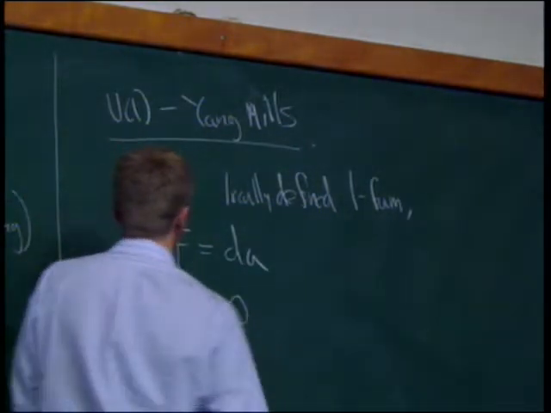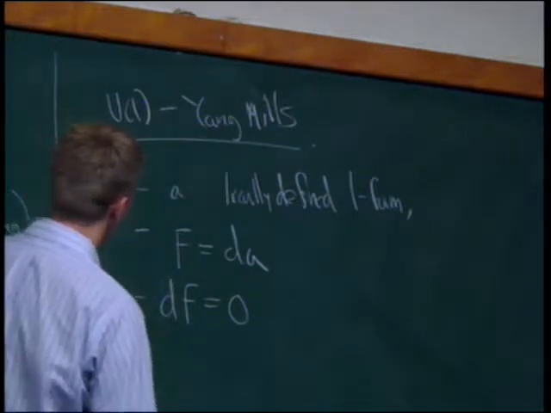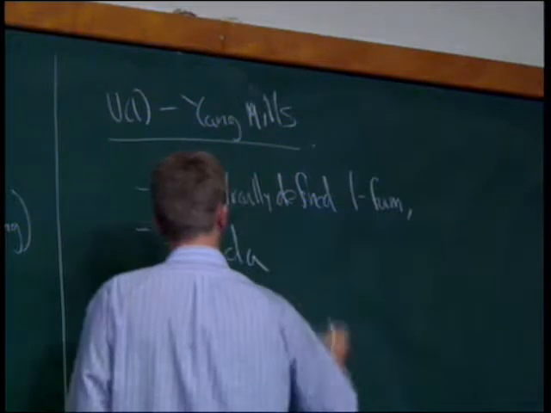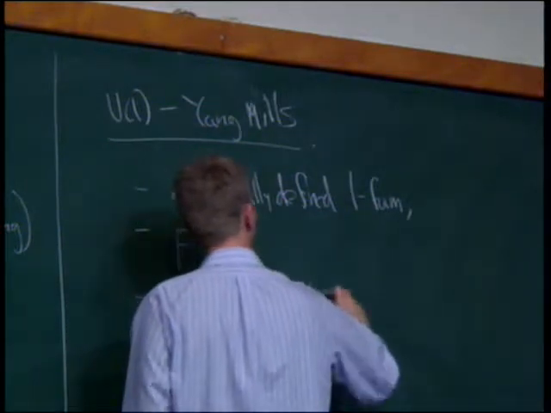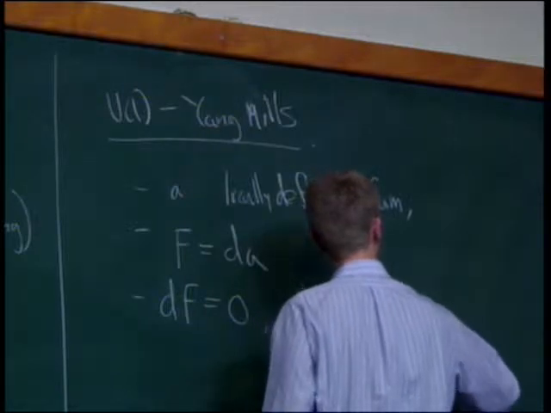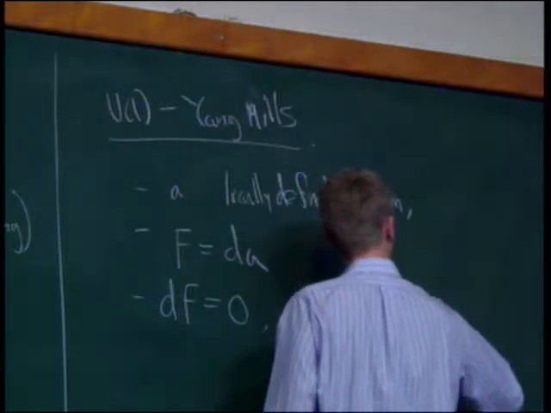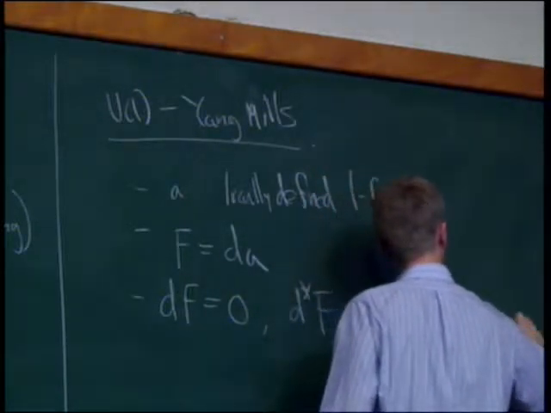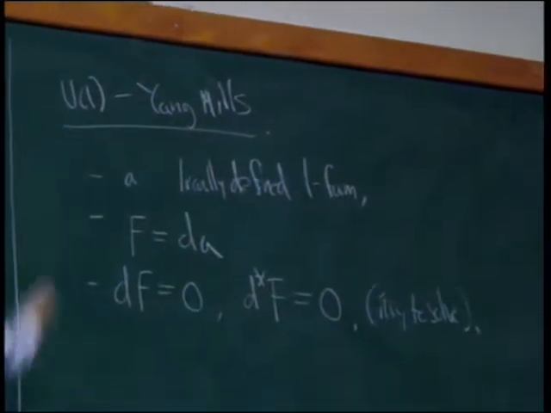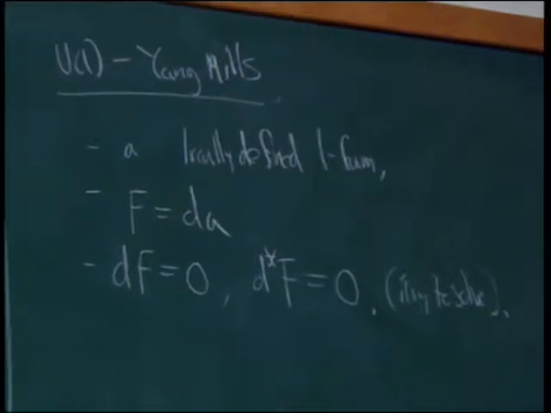That's immediate, and A is only locally defined, so of course F doesn't have to be null cohomologous. And then the field strength equations, you try to solve d star F equals 0. You try to solve for this Maxwell equation. Of course, in this case, it's pretty easy.